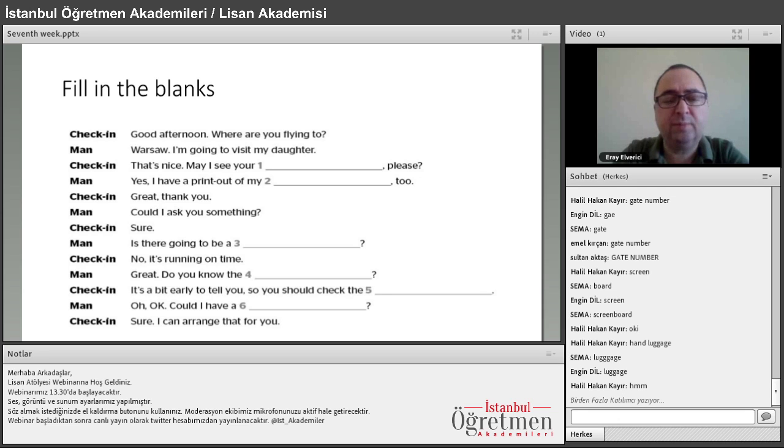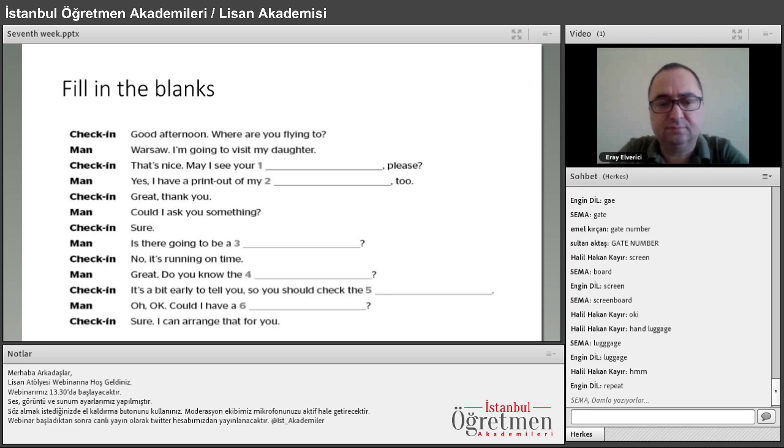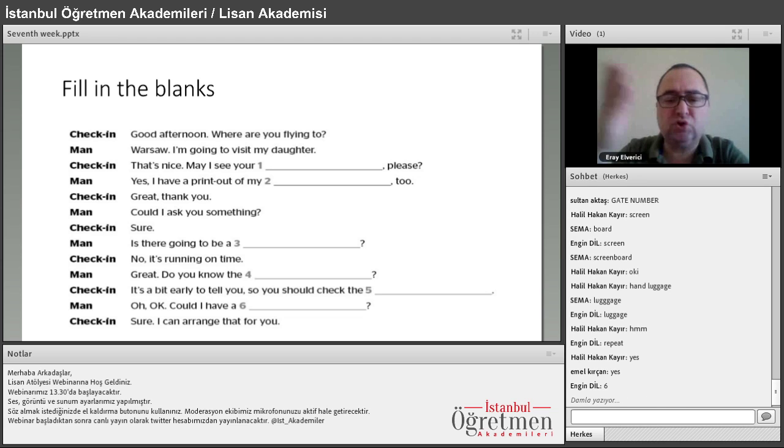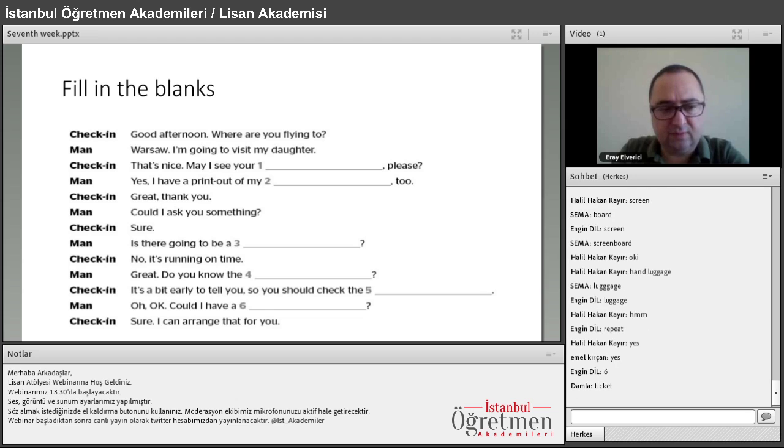Have you ever been on a plane? Yes. So when you go to check-in, you show your ticket. You give your luggage to that person in the check-in.